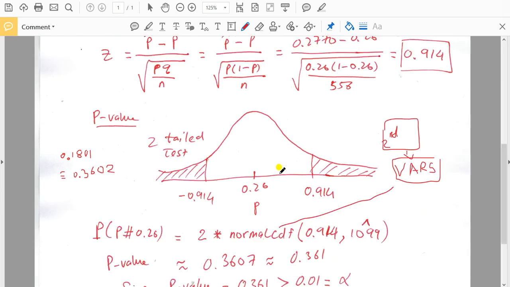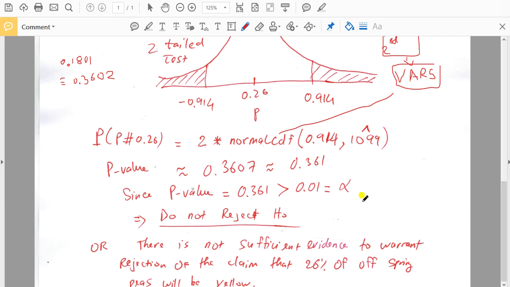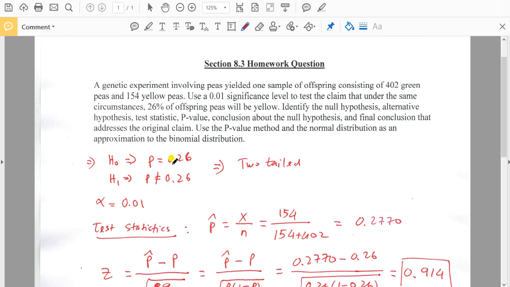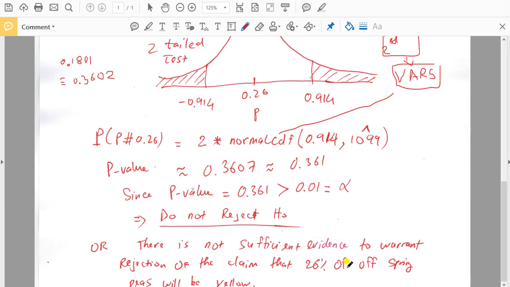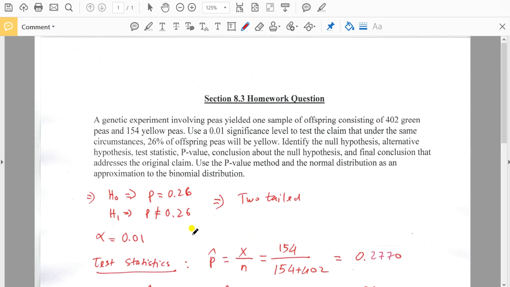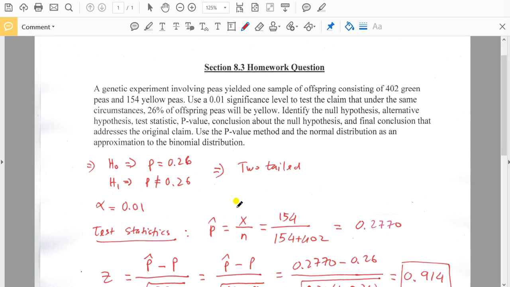In this case, the p-value is bigger than alpha. That means we do not reject the null hypothesis, or we say that we don't have enough evidence to reject it. So that is the conclusion from the p-value. We do not have sufficient evidence to reject the claim that 26% will be yellow, or the null hypothesis. Okay, so that is the answer for this question.